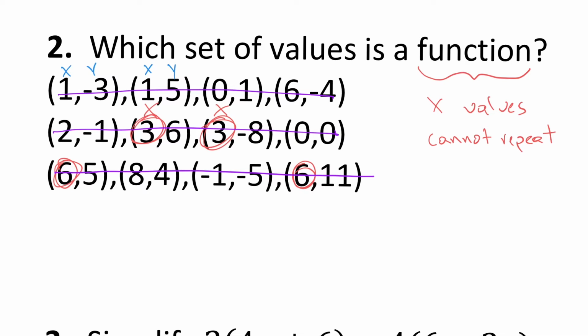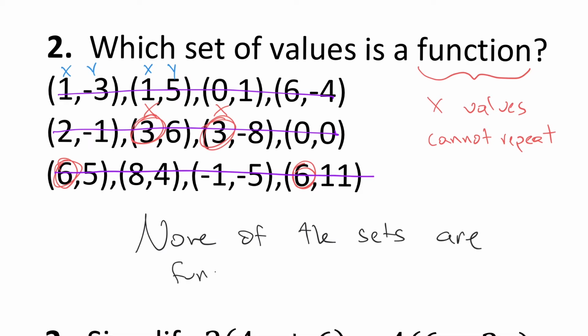I'm going to put here, none of the sets are functions. Once you check the x values, if they're not repeating, then you can say that one is a function. But with this one, every single set has an x value repeating. That's why they're not functions.